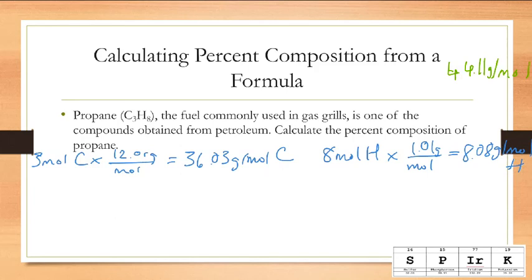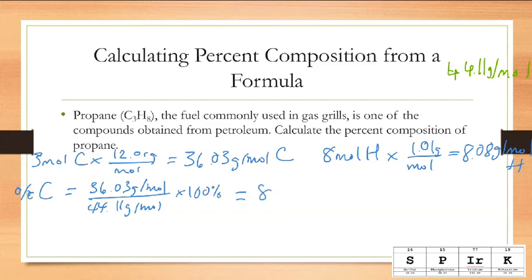So now we want to determine the percent by mass. We want to determine what percent is carbon, and to do that, we're going to take our amount of carbon in the compound, which is 36.03 grams per mole, and divide that by the molar mass of the total compound, and multiply that by 100%. For carbon, we're going to get 81.68%.